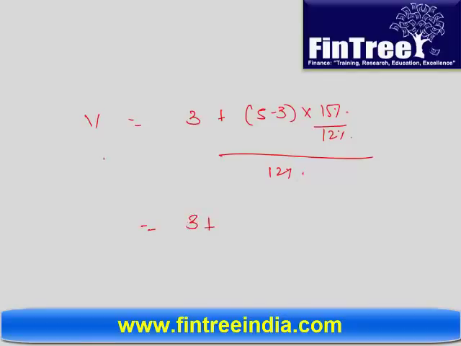So 3 plus 2 into, this should be 1.25, divided by 12%. So this should be 5.5.